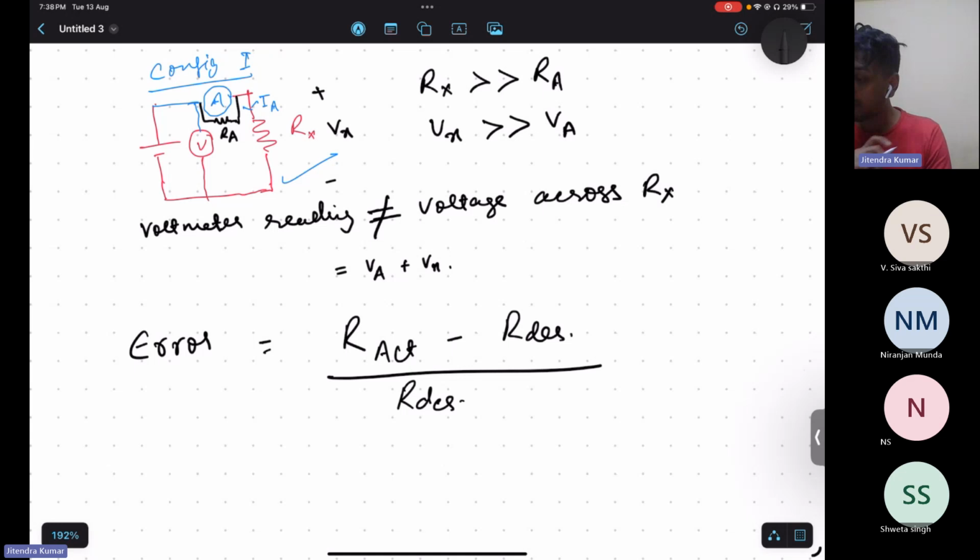So this will be your error, multiplied by 100% if you are going to compute it as a percentage.